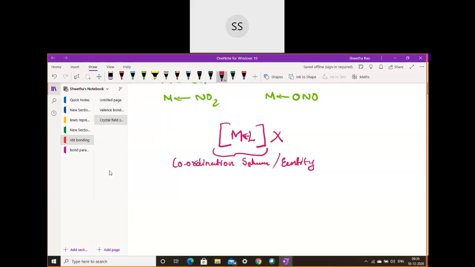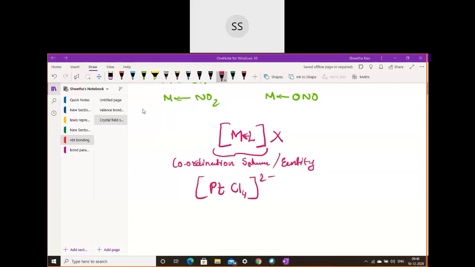Now the ligands attached to the metal will have different geometry. The distribution of the ligands will be different. They can be octahedral, tetrahedral, trigonal bipyramidal, or square pyramidal, depending on how many ligands are attached. Always the secondary valencies decide the geometry, not the counter ions.